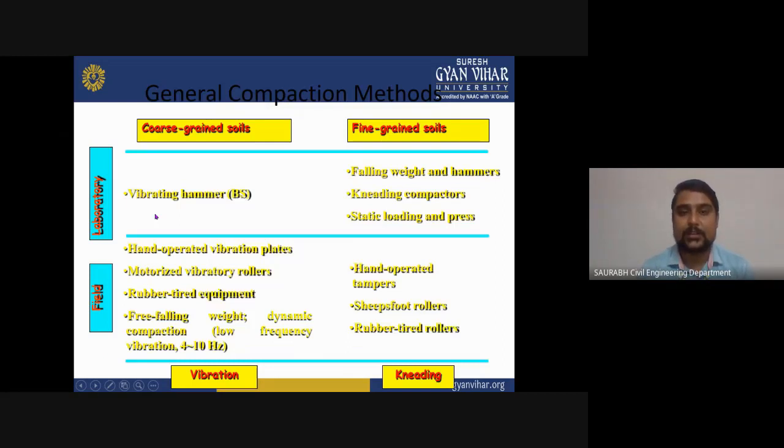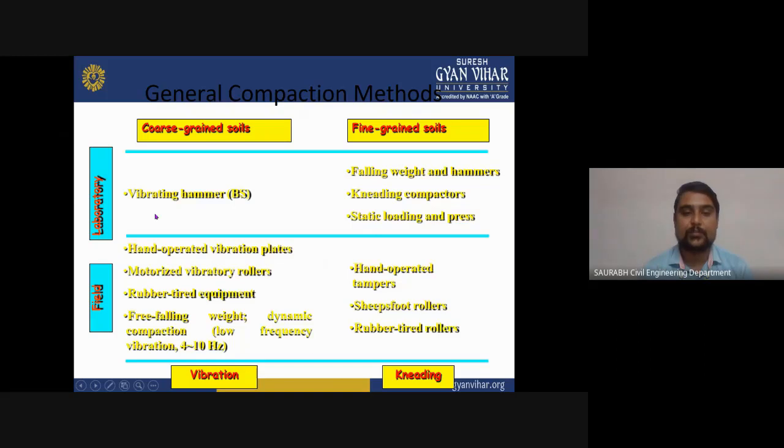Now we will come to the general compaction methods for coarse-grained soil and fine-grained soil. Here one is the laboratory test and one is the field test. In the laboratory, we use a vibrating hammer, which is known as BS, and for fine-grained soil we use the falling weight and hammer, kneading compactor, and static load press.